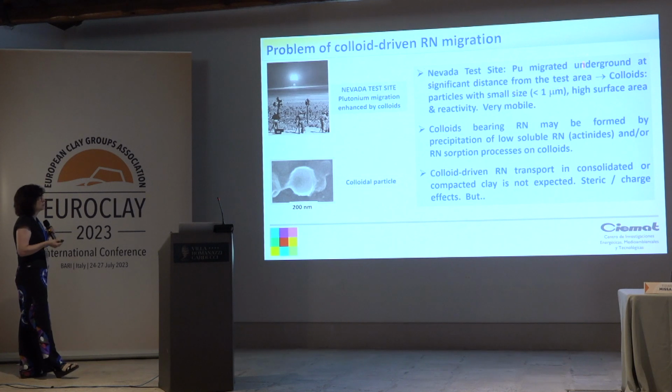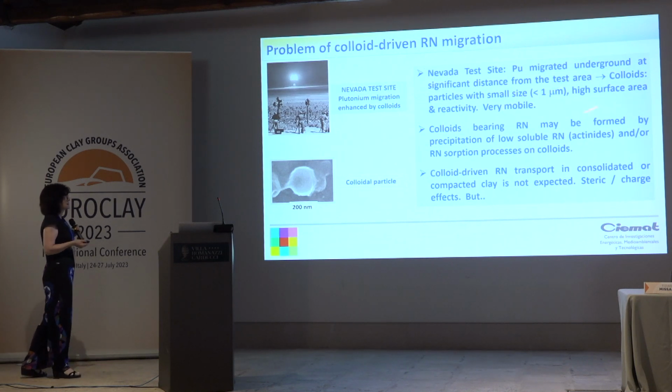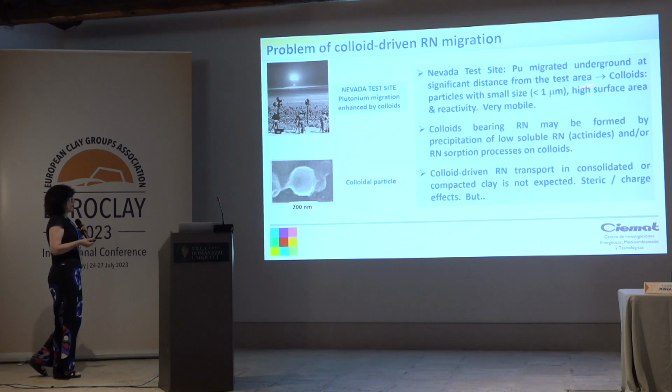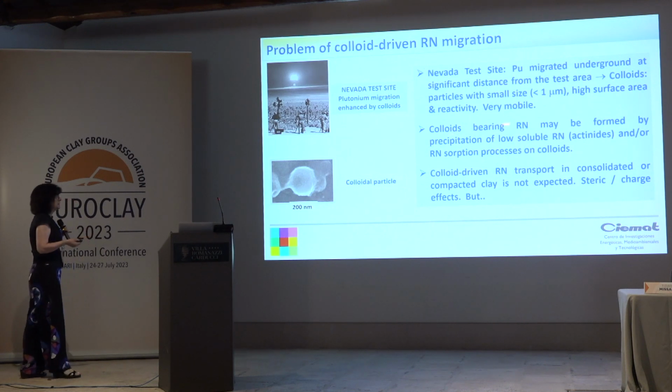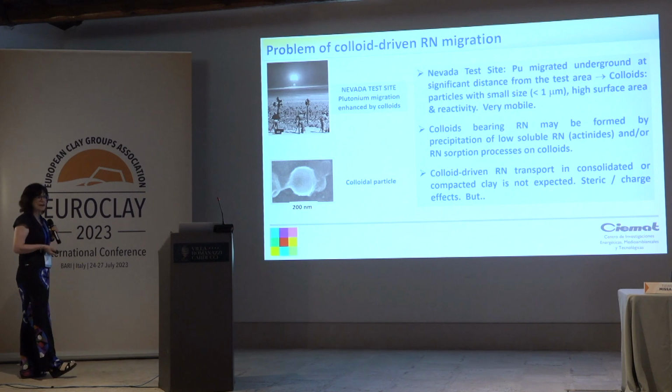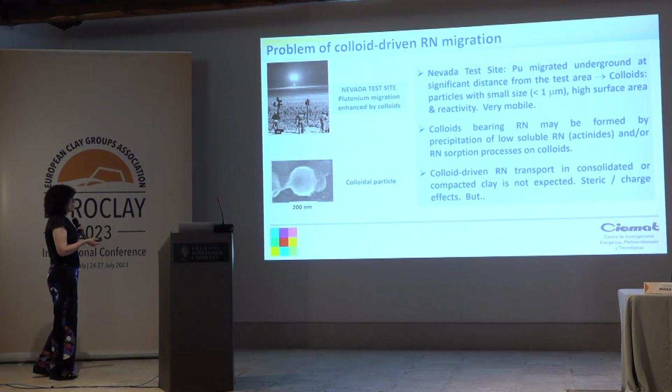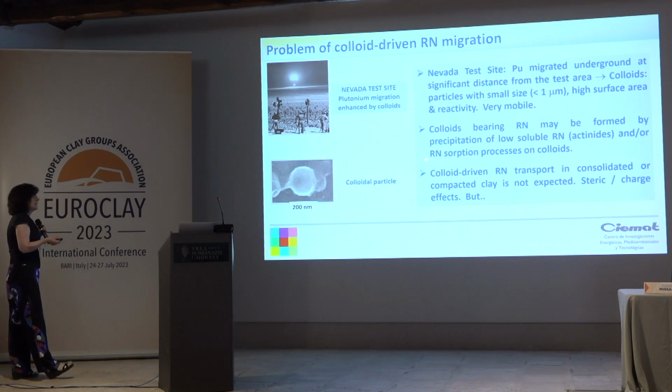This was attributed to the presence of colloids, which are particles with small size, high surface area and high reactivity, and that can be very mobile in underground waters. Colloid-bearing radionuclides may be formed by the precipitation of soluble radionuclides, for example the actinides, as occurred in this case, but also by radionuclide sorption processes on colloids.